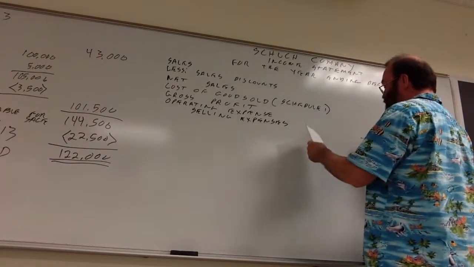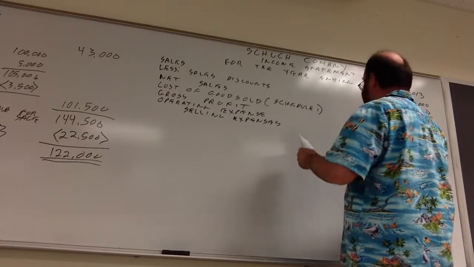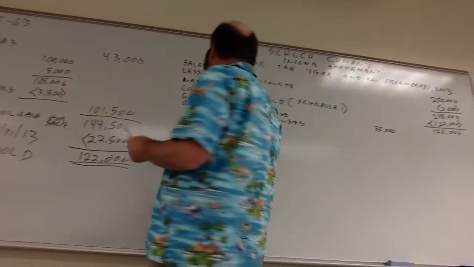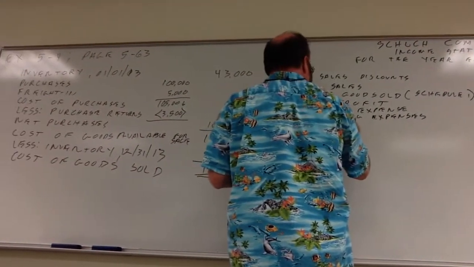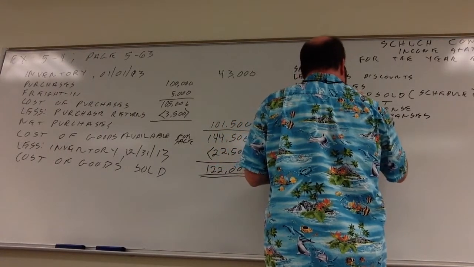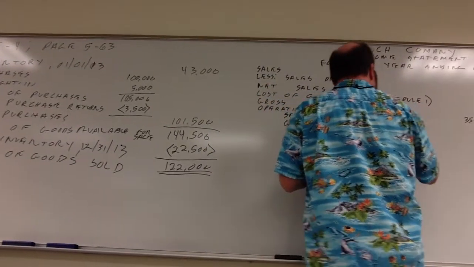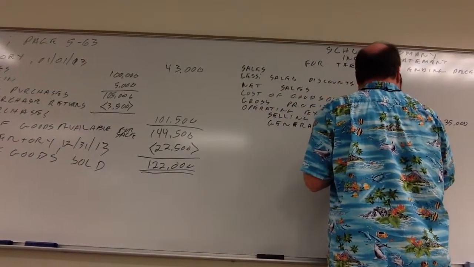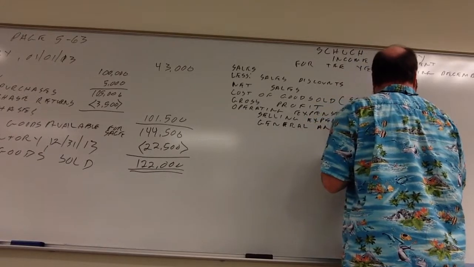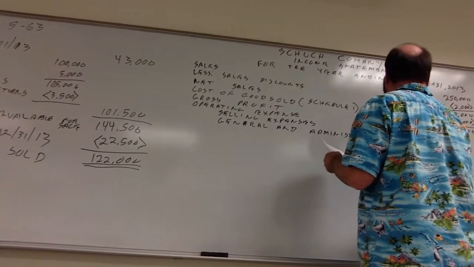All right, so selling expenses were $35,000. And general and administrative were $22,000.